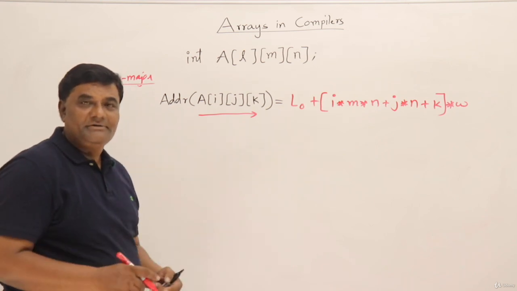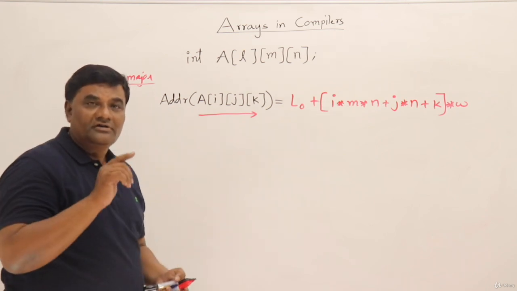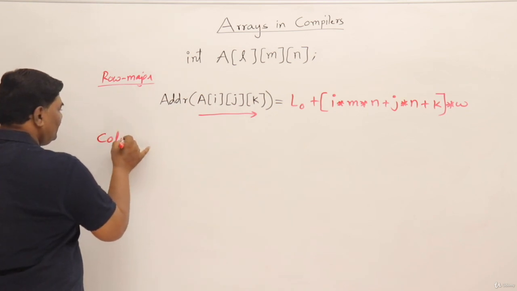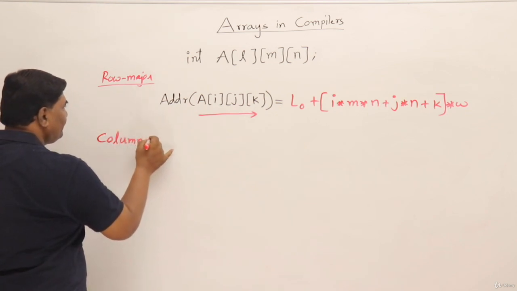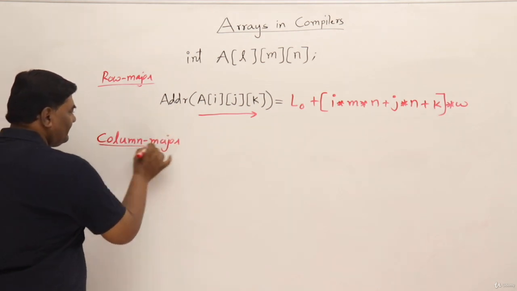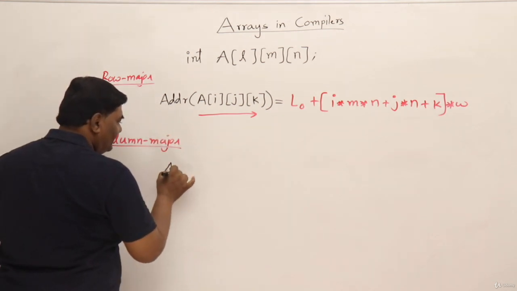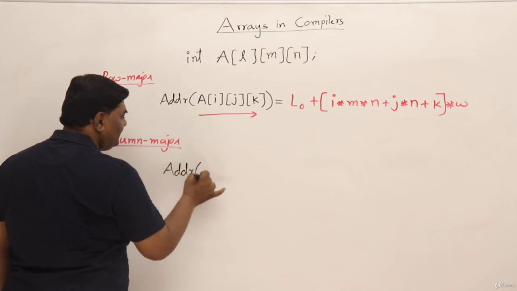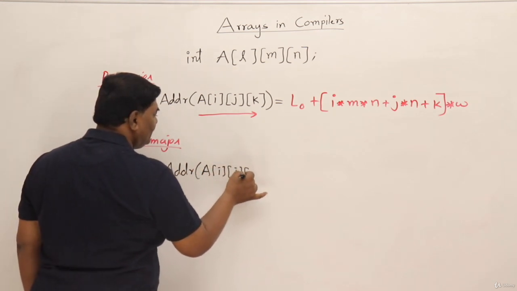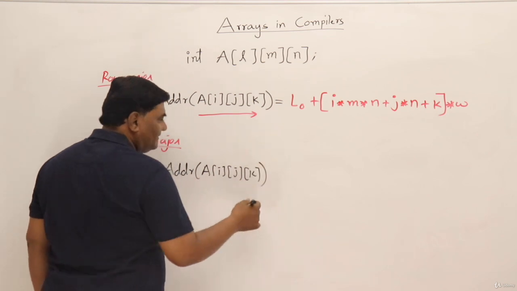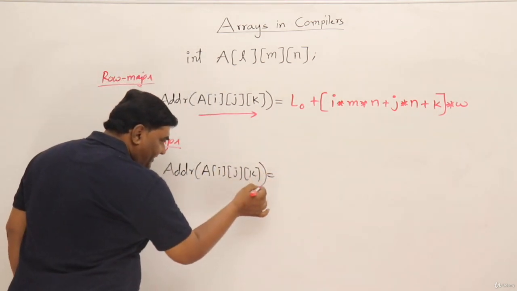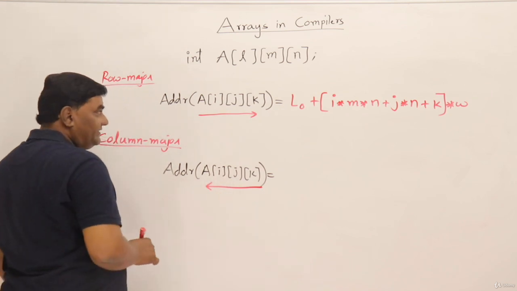Now similarly, let us prepare a formula for column measure representation. For column measure mapping, address of A of I, J and K, we will prepare the formula by moving from right to left.